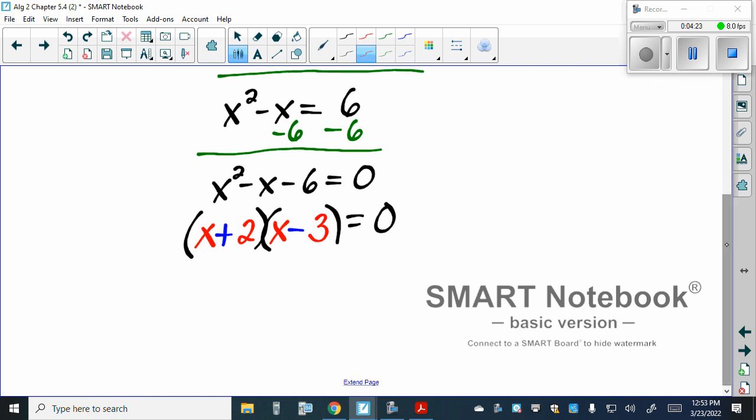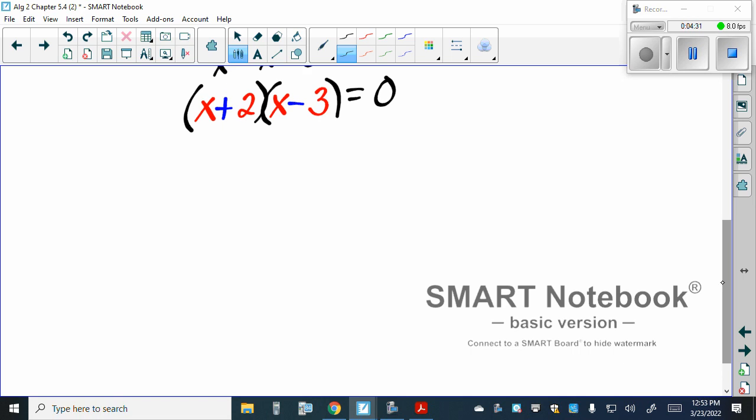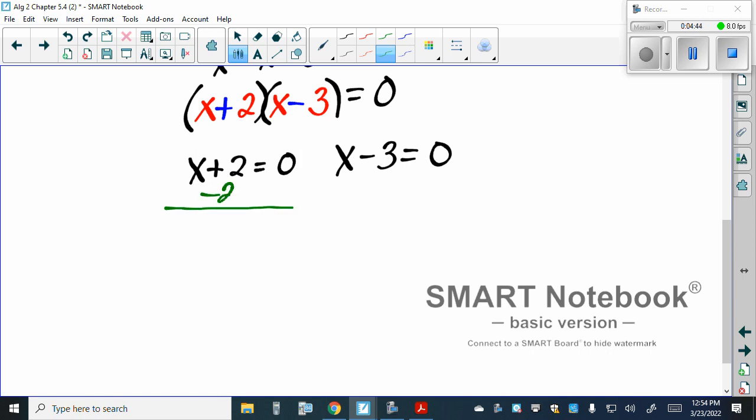Now, because we do have two things multiplied together to equal 0, one of them must be 0. So we're saying that either x plus 2 is equal to 0 or x minus 3 is equal to 0. At this point here, we would subtract 2 from both sides, telling us x is equal to negative 2.